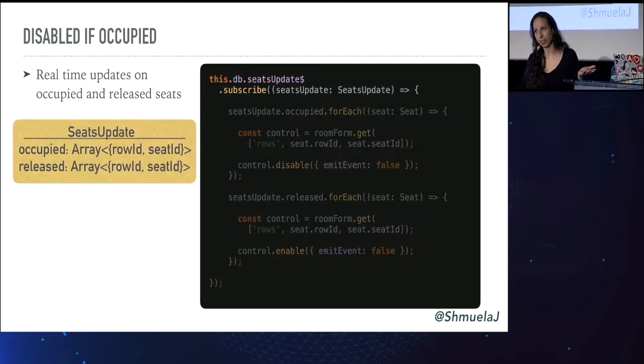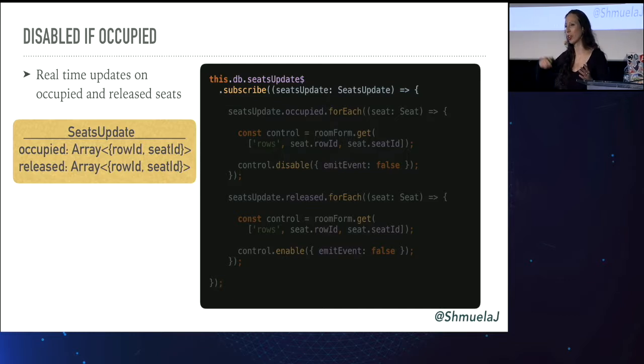So we use the observable of the method that we're getting the data from the server, seats update observable. And it will give us 2 arrays of occupied and released, and each array has objects of the row ID and the seat ID. Okay, so we know which seats are occupied and which seats are released now.